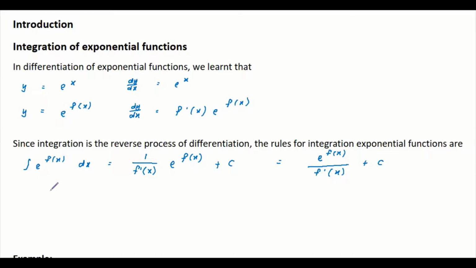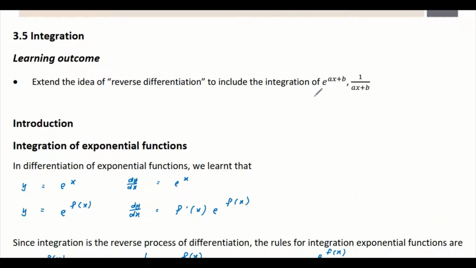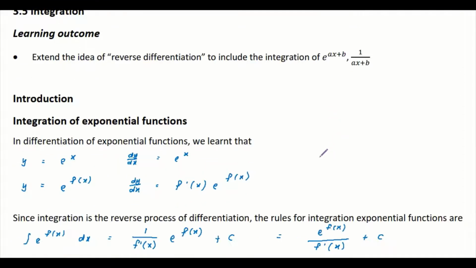But in your syllabus, you can see that what they mention here is the integration for e to the power of ax plus b only. In the long run, I recommend you know how to do this instead of using ax plus b only, because when you move on to a harder level, like when you start uni, the function you will be dealing with might not be only ax plus b.